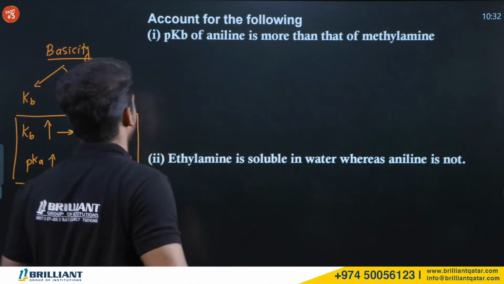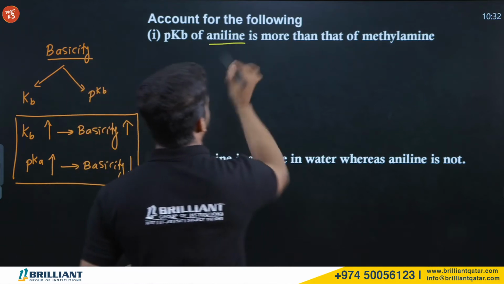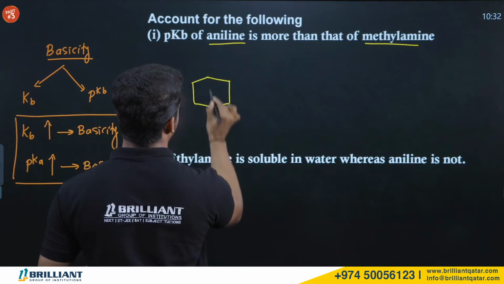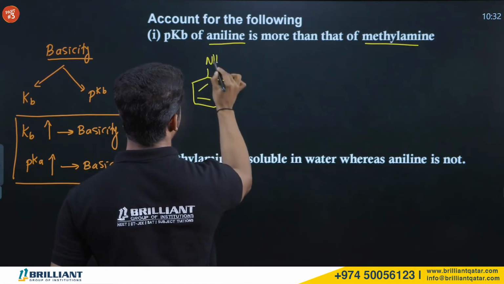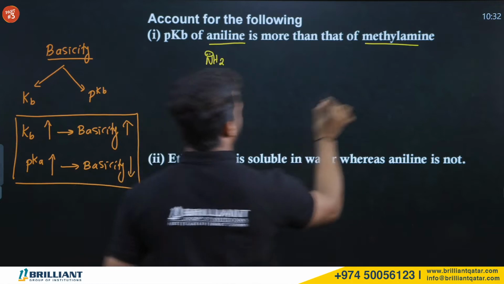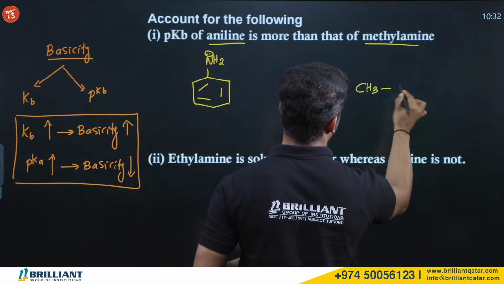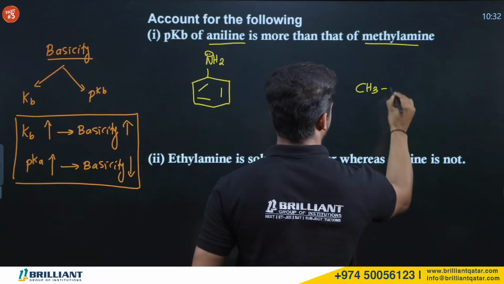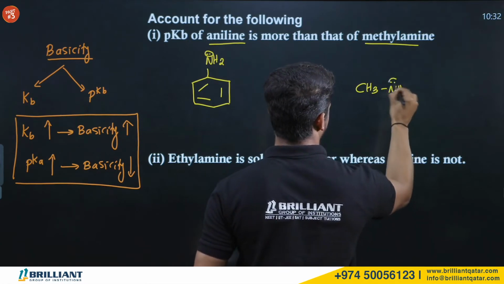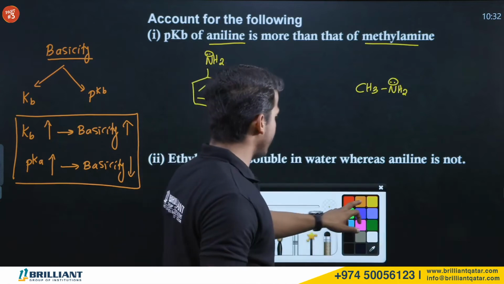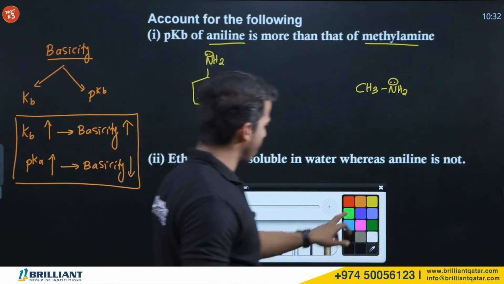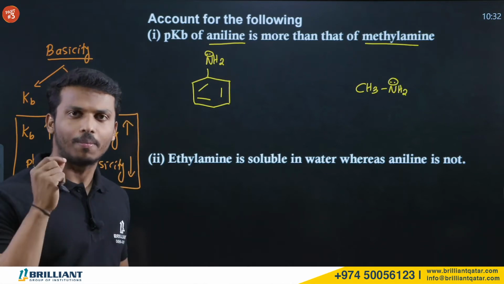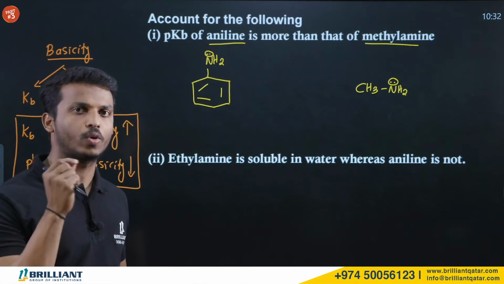We can go for the question. Your system is aniline and methylamine. What is aniline? Benzene with NH2. You know, the nitrogen contains a lone pair. Methylamine is CH3NH2. We studied why aromatic amines are very less basic. Aromatic amine means the amine nitrogen is directly connected to the benzene ring.